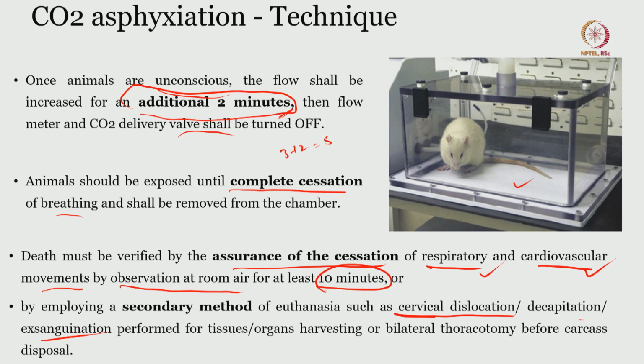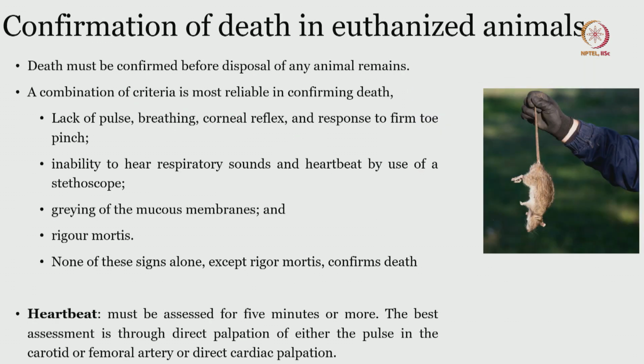However, these are definitely not recommended for all scenarios. So, the only method which is recommended is carbon dioxide asphyxiation, and you need to ensure that the rat is dead. So, if you are not employing any of those secondary methods which I just mentioned, it can be found out and confirmed by these criteria.